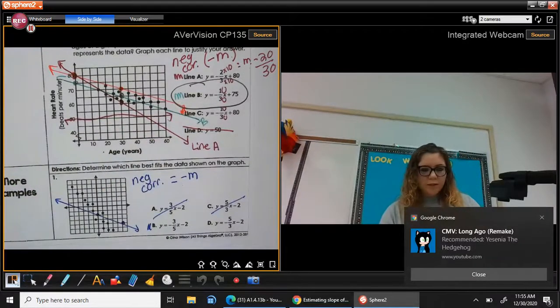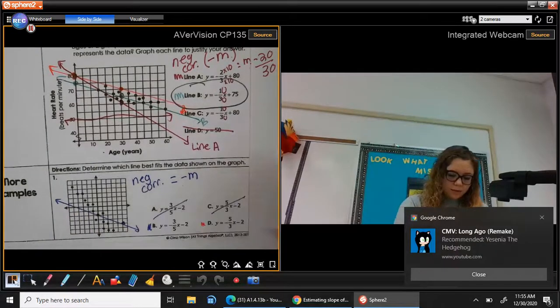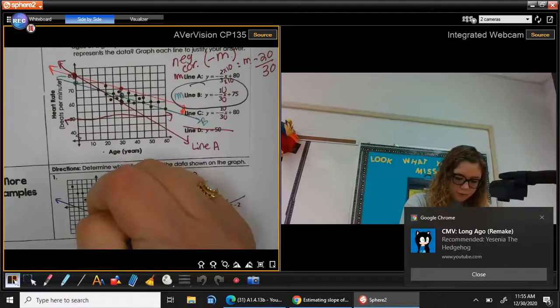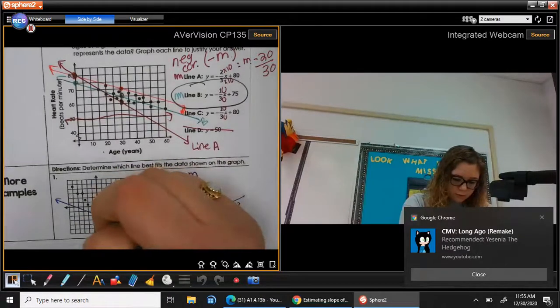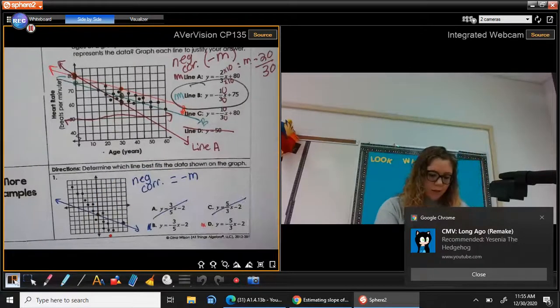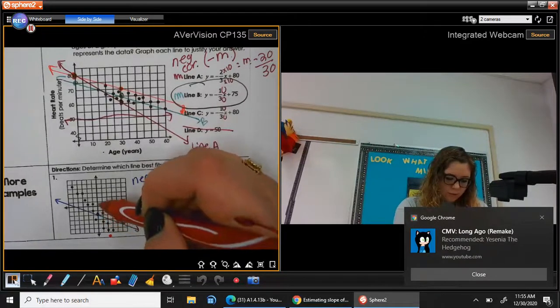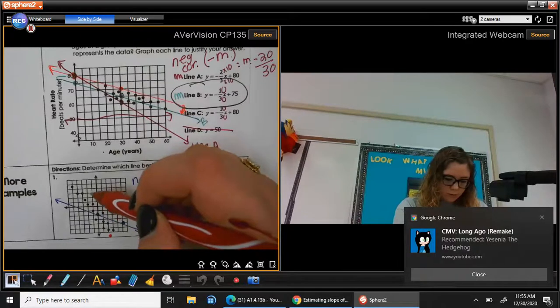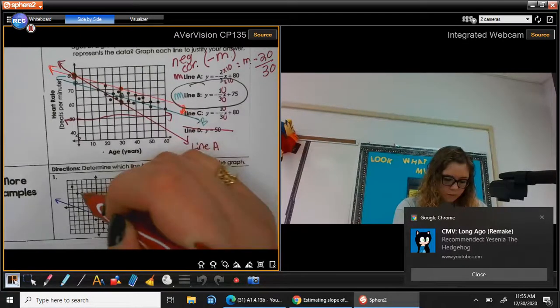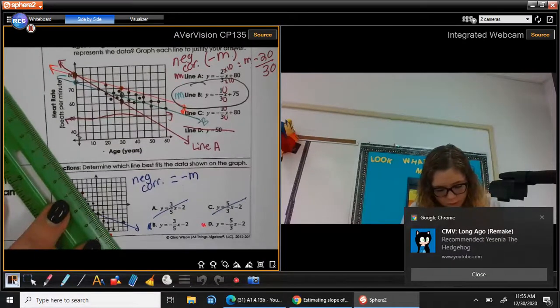Okay. This one doesn't really go with it, so let's try the second one and see if it's any better. Okay, and I might want another one, so I'm going to go and then I'm going to connect my points.